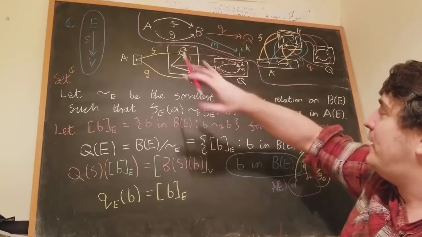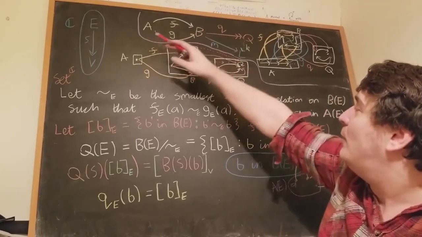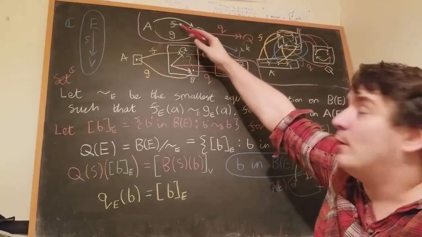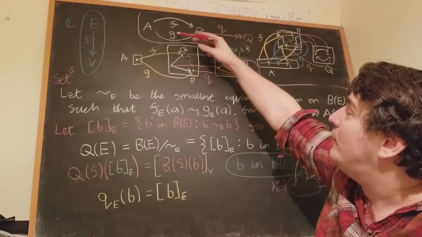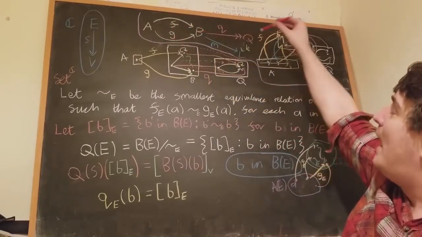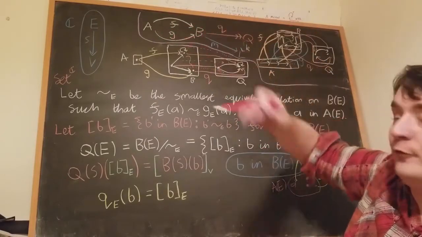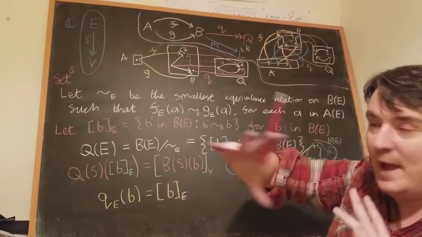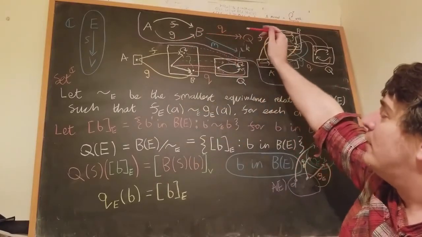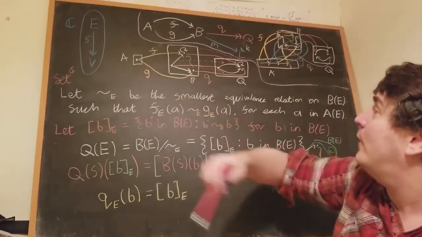If we think about the different structures we can get by taking different co-equalizers of parallel arrows f and g into B, then that allows us to understand what all the different epics are from B to Q, at least when we're in a topos, okay?